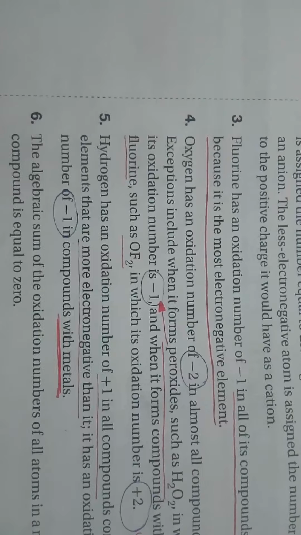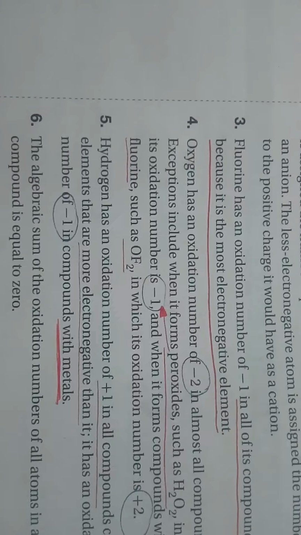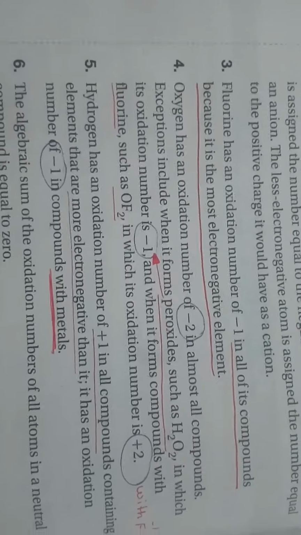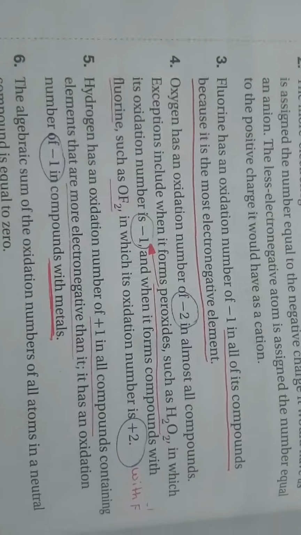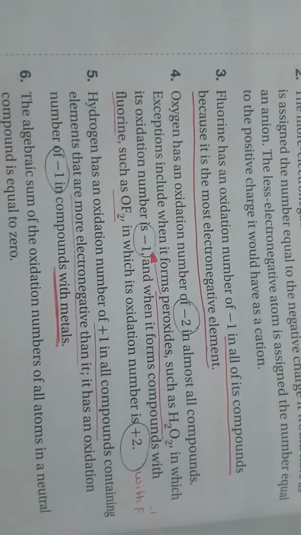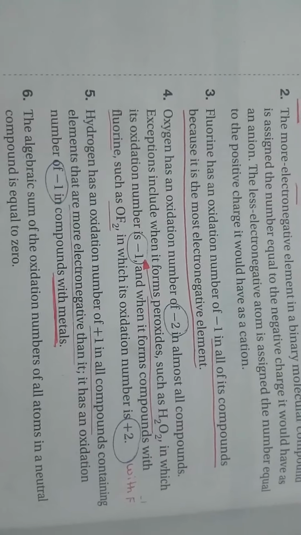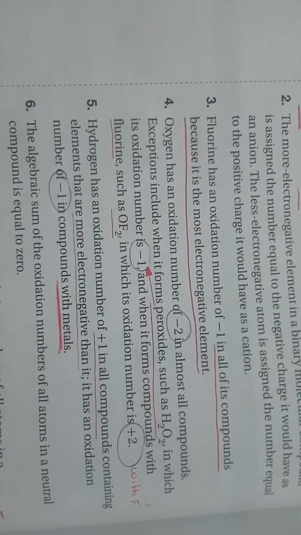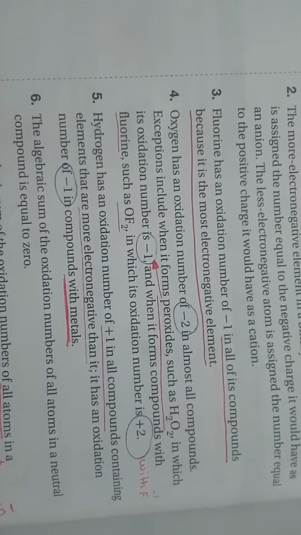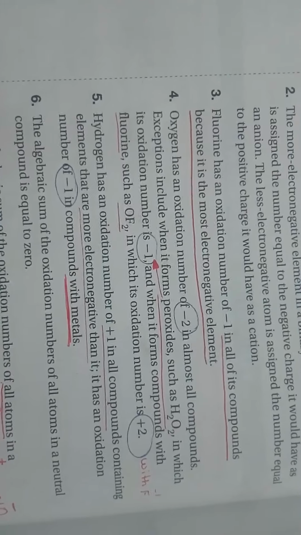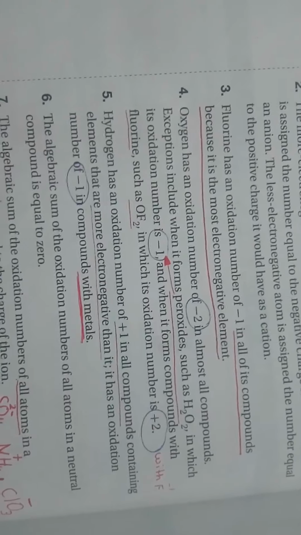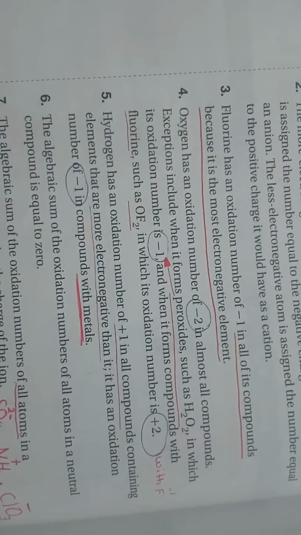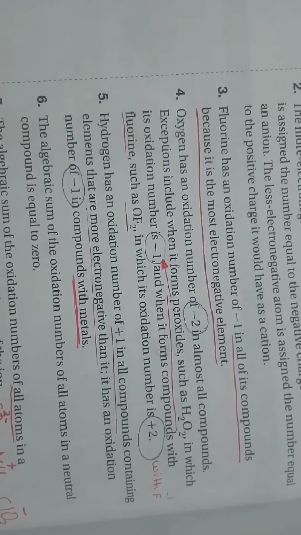The peroxide has the form X2O2. The general example of a peroxide is H2O2, in which the oxidation number is -1. And when it forms compounds with fluorine, it's going to be +2. So it's always +2 when it's with fluorine.